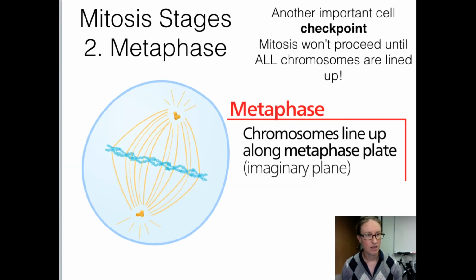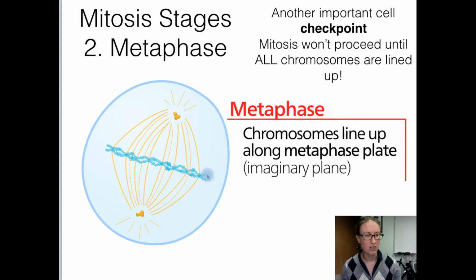Okay? So then that brings us to the next phase, so metaphase. And I always like to think metaphase starts with M, like the word midline. And at metaphase, basically the actions of those microtubules is going to continue, and it's going to cause all of the chromosomes in the cell to line up along the metaphase plate. So the metaphase plate isn't an actual structure, it's just a space.